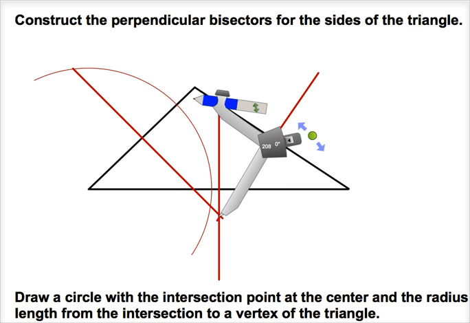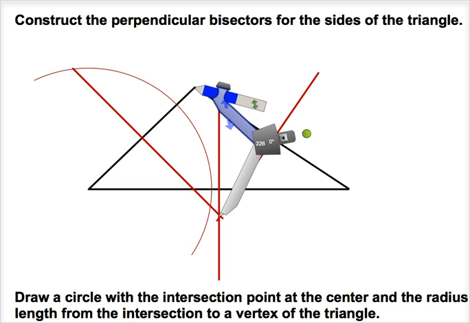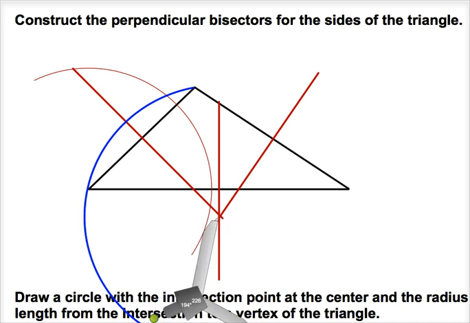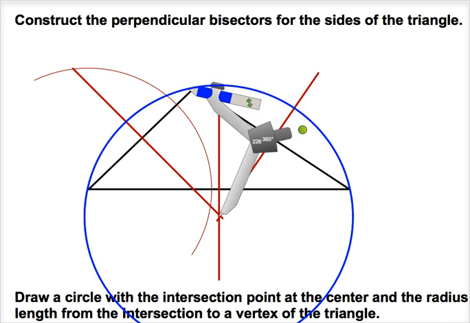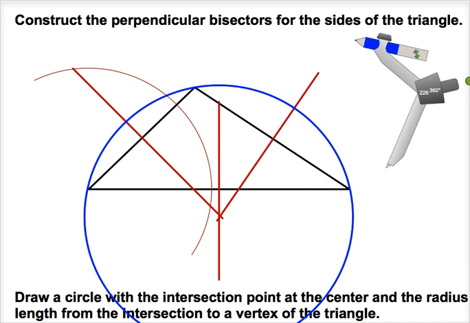It didn't say which one, so I'm just going to pick the one on the top and draw a circle. So let's see what happens. I noticed it wouldn't have made a difference because it ended up hitting all vertices. So here I have a triangle inscribed with each vertex touching the inside of a circle.